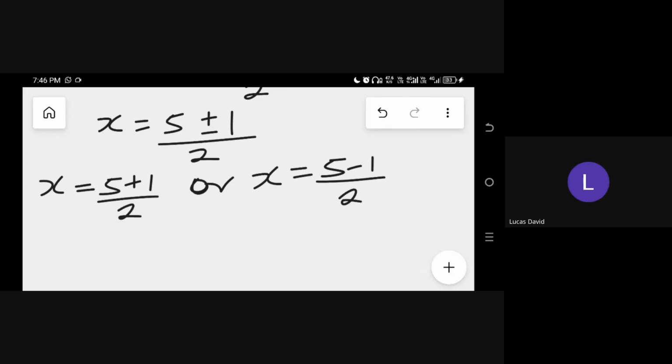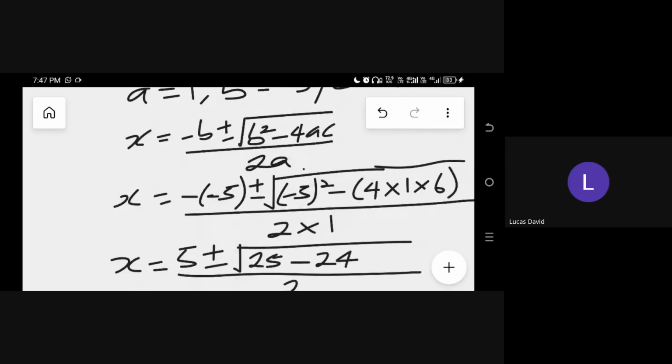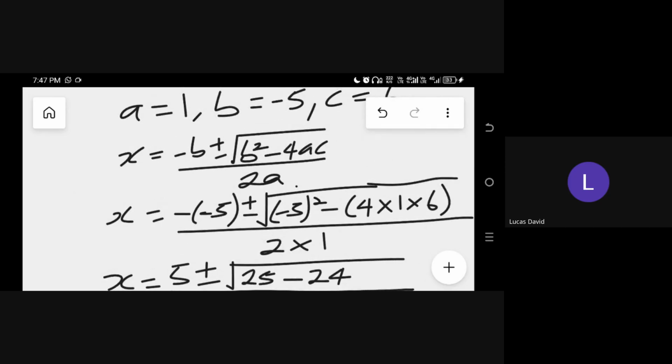Of course, you have two answers. So you having those two answers, that's where the plus or minus comes in. Because for your level, when you're looking for the root of any number, it's always plus or minus. That's why in the formula you see the plus or minus behind the root.